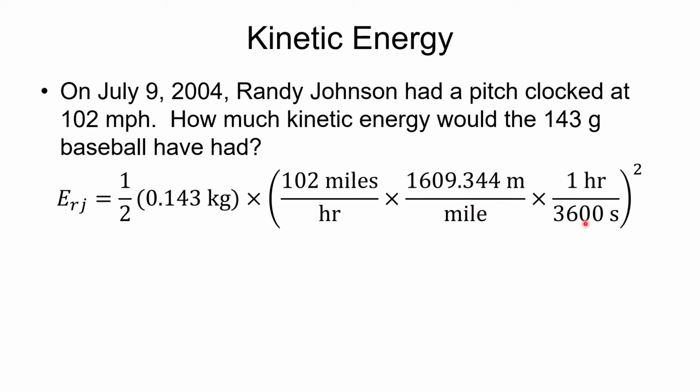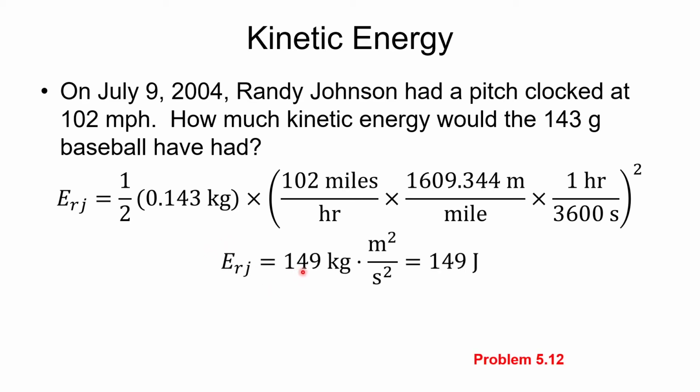And 1 hour is 3,600 seconds, 60 seconds times 60 minutes. And then we have to square that quantity. When we do that, the number we come up with is 149 kilograms meter squared per second squared, which means joules. So 149 joules. That's the amount of energy of a fastball.